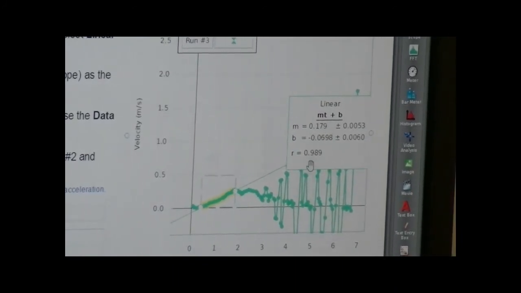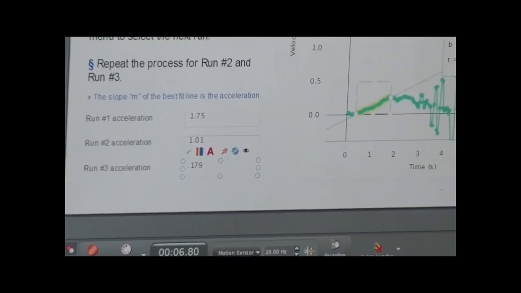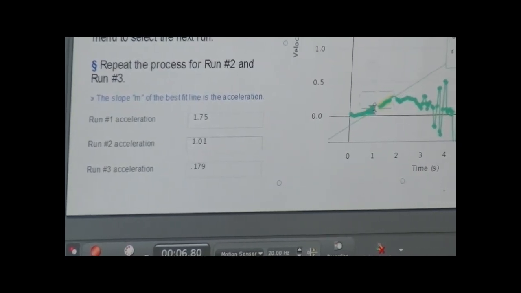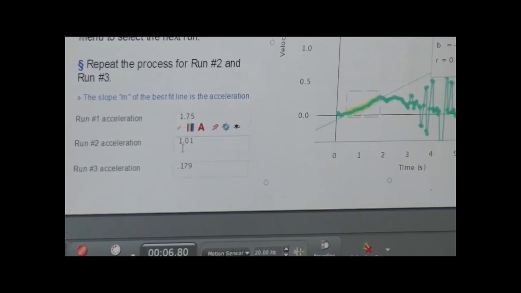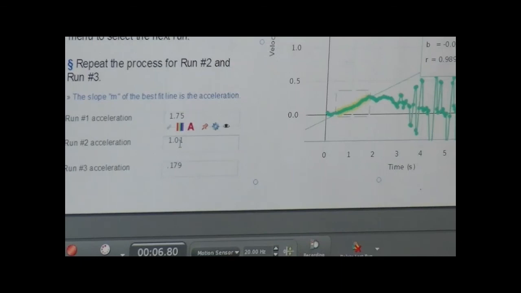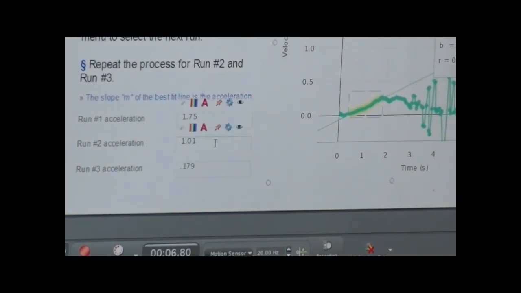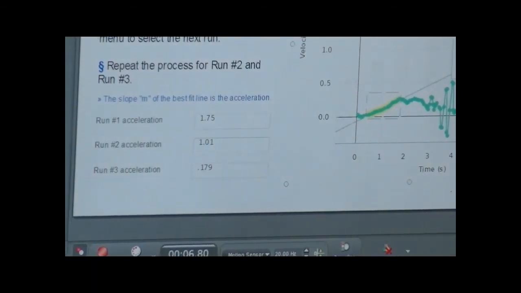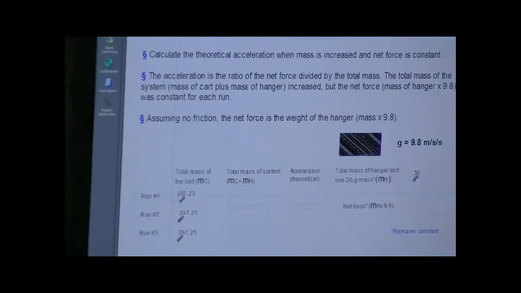So we have a 0.179 slope, which is reasonable since we're doubling the mass every single time, and our acceleration is decreasing by a reasonable amount as well. So with that, we have our experimental results for our acceleration.